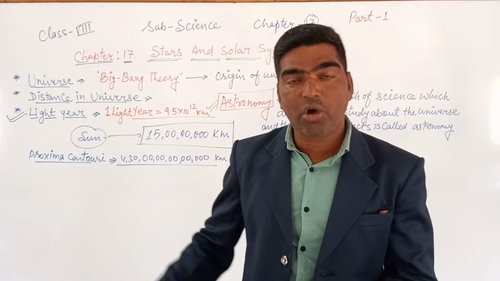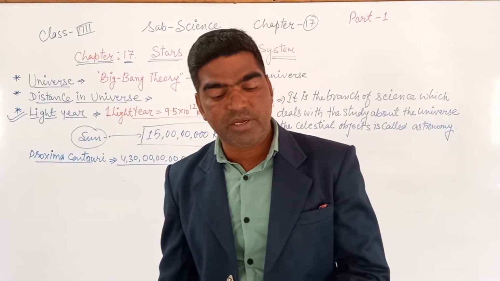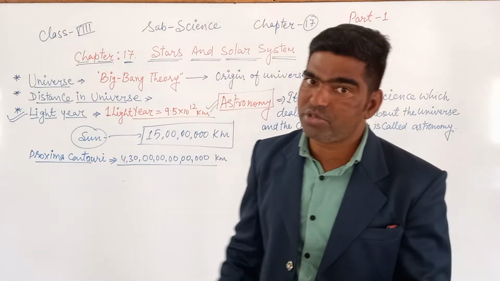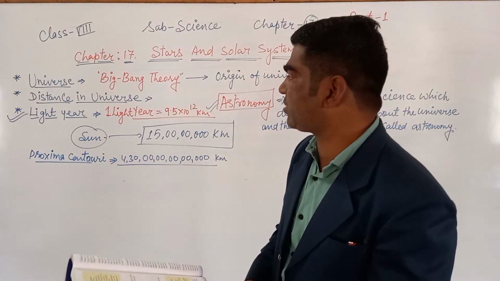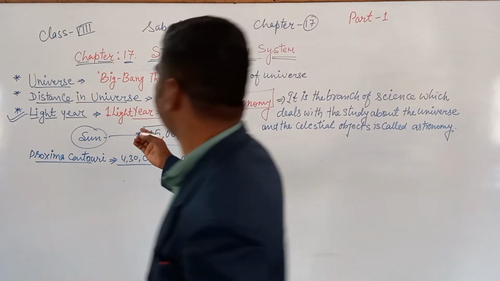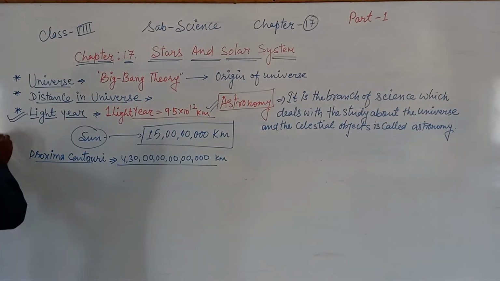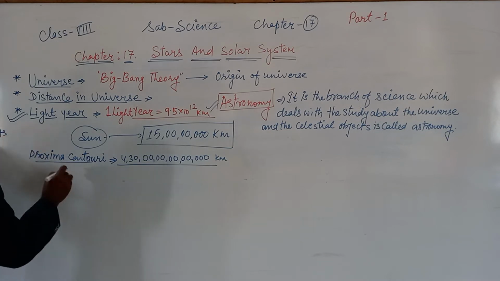This can also be expressed in astronomical units. There are two different units which express this celestial distance. Either the astronomical unit, and other than this we have the light year.